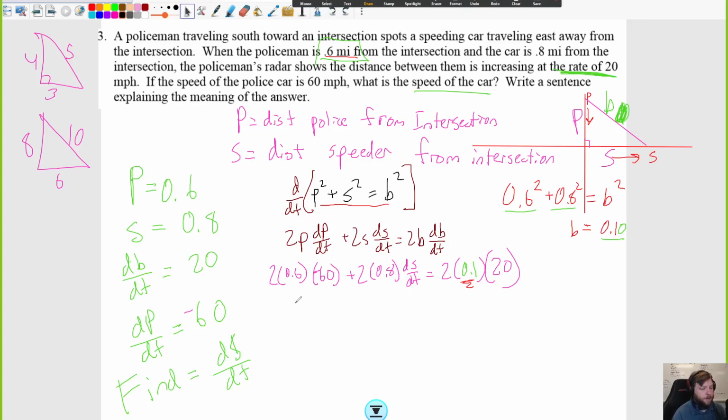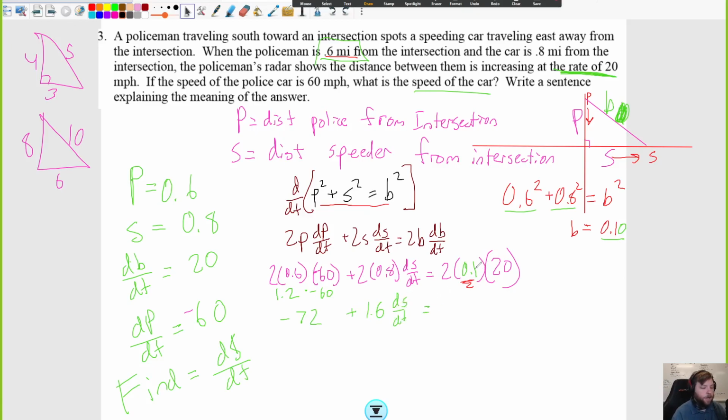All right, so we do the math here. This is going to be 1.2 times negative 60, which would be negative 72. Yep. 12 times 6 is 72. Plus 1.6 ds dt.